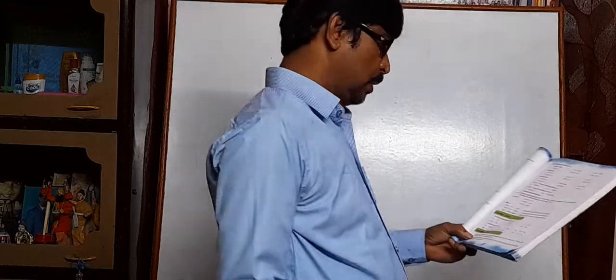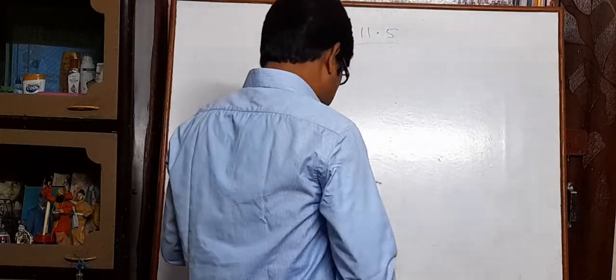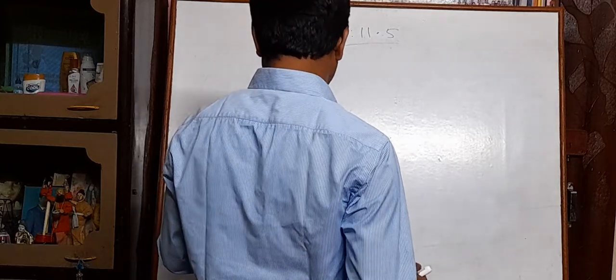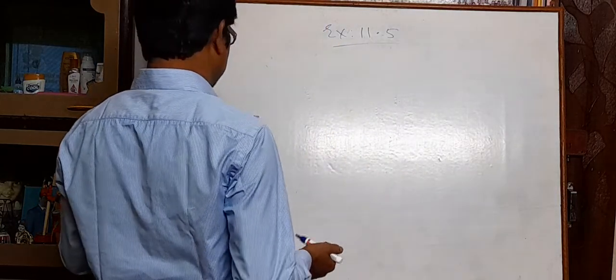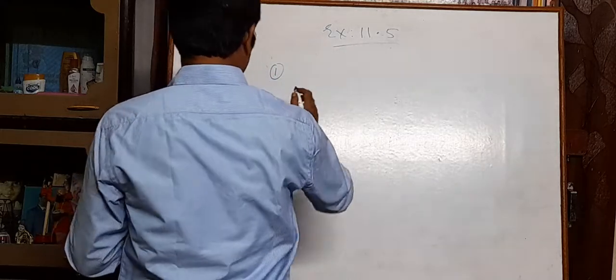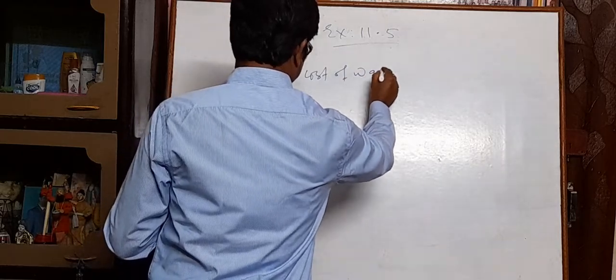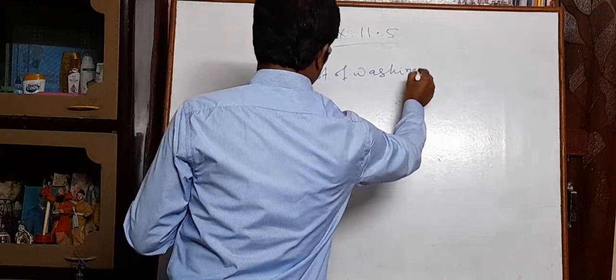So, in this question, children, what we have to do? We have to add these together. First, the cost of washing powder. So first of all, we have to write cost of washing powder.